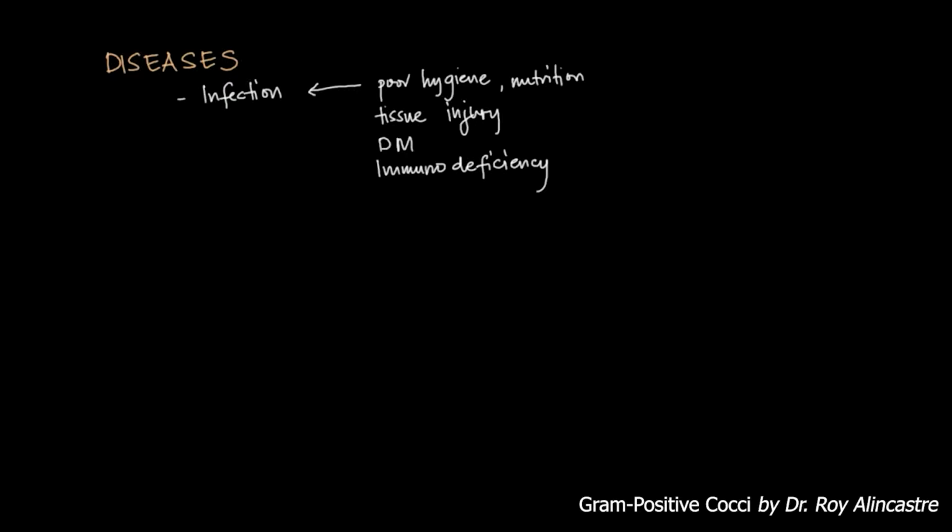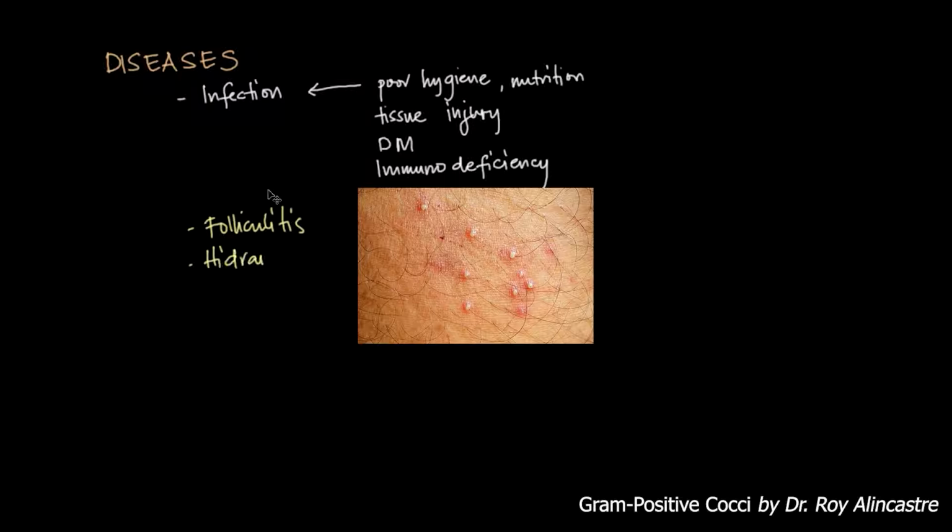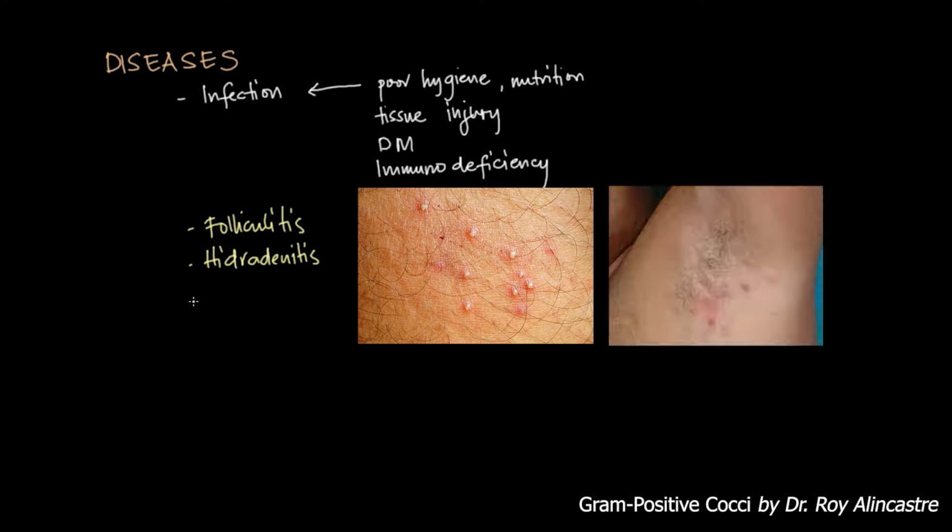Staph aureus usually invades the skin through wounds, follicles, or skin glands and causes primary infection. The most common infection is just a mild superficial inflammation of the hair follicles, or folliculitis, or the glands, or hidradenitis. These lesions usually resolve without complications.